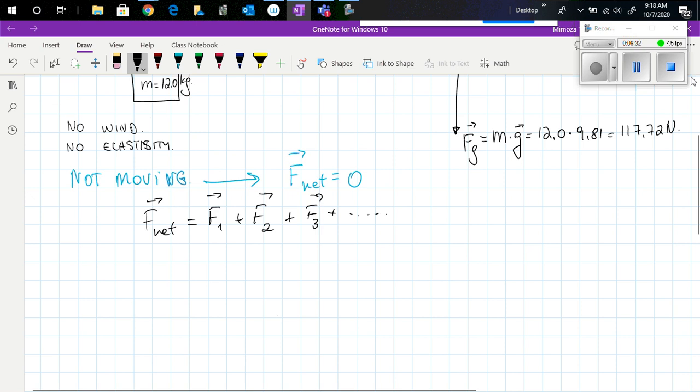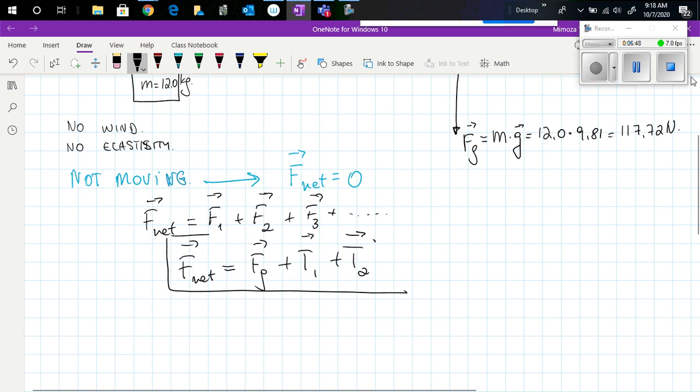So in our situation, force net is force of gravity plus tension 1 plus tension 2. Those are the forces that we have in our free body diagram. And since the object is not moving, this is equal to 0. Understood?